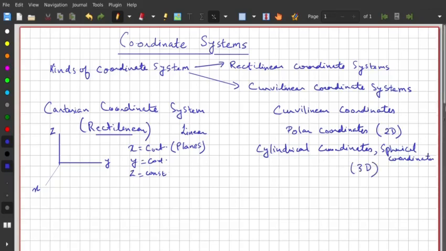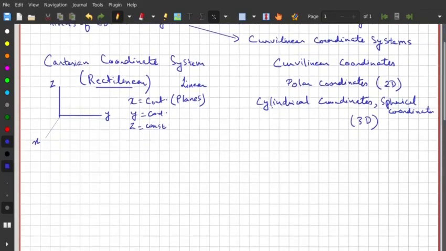Okay, so these are examples of curvilinear coordinates.